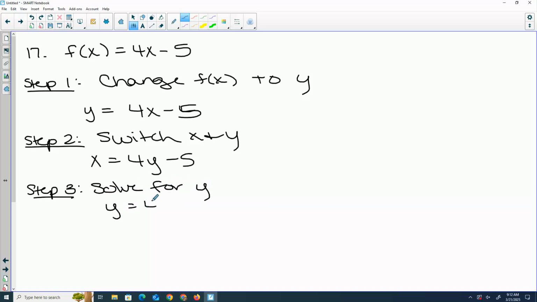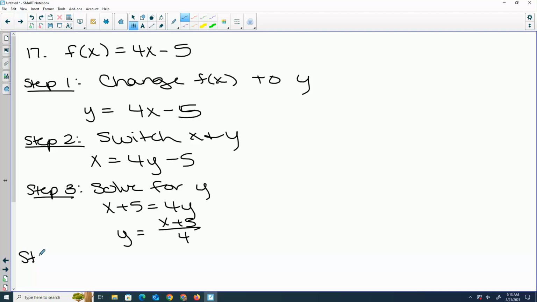Oops, no, I just switched it back. How about we actually solve that? If I add over my 5, x plus 5 equals 4y. You can divide by 4, so y equals x plus 5 over 4.